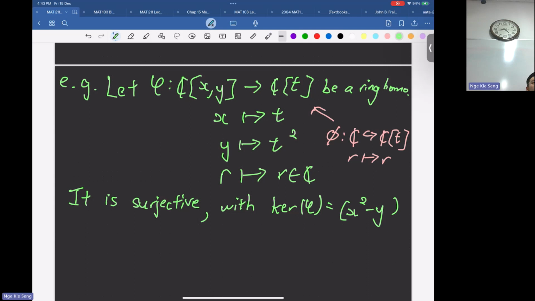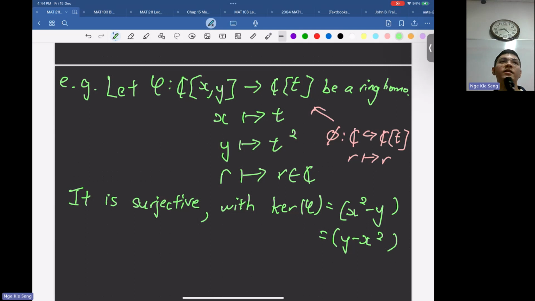Are the two ideals the same? Why the same? I can multiply by -1 to the generator to get the other generator. Okay or not? -1 is inside my ring. Okay, so this is my kernel here.